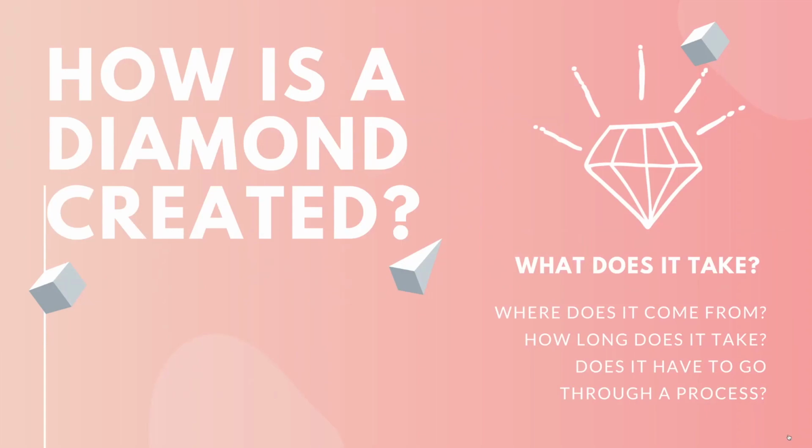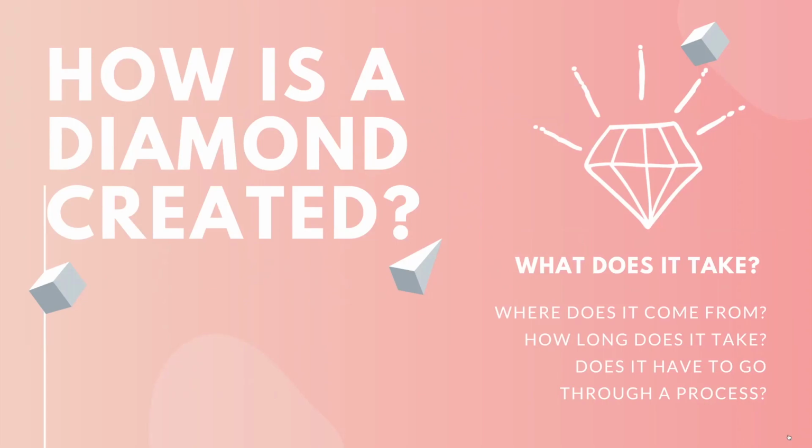And so the question is, how is a diamond created? Does anybody know on this call? I know that you're all muted, but you could comment in the chat box if you'd like to. But I'm going to tell you how an actual diamond, a diamond that comes from the earth, that we put in our rings, that we wear in our ears, that we wear in necklaces, is actually created. What does it actually take?